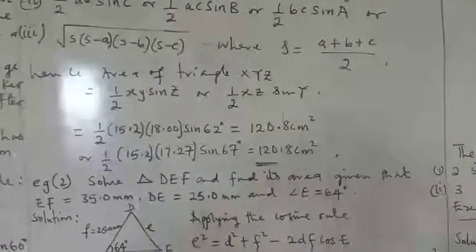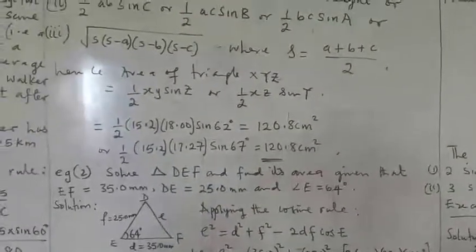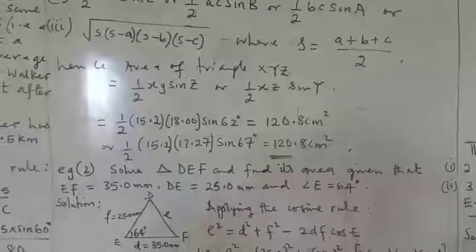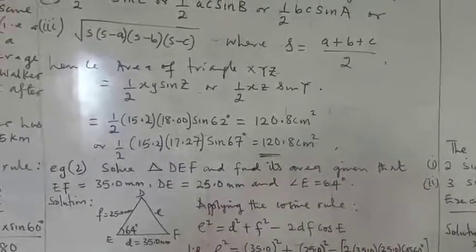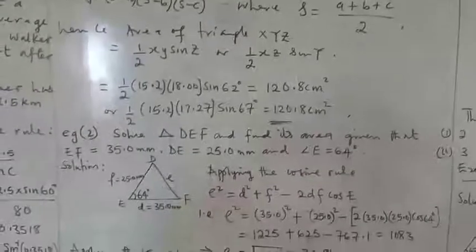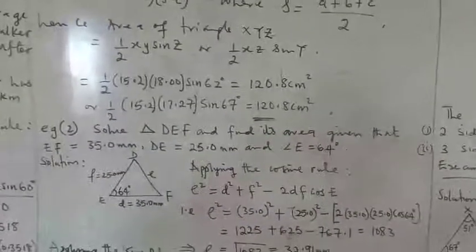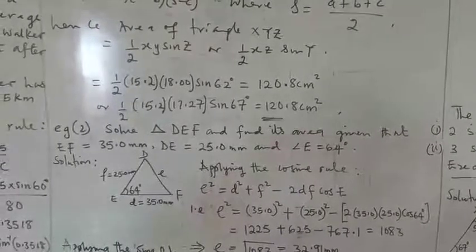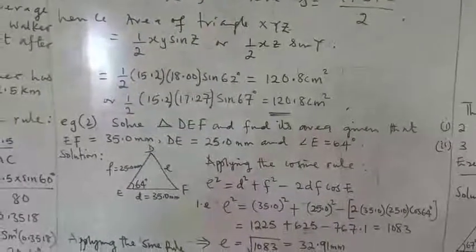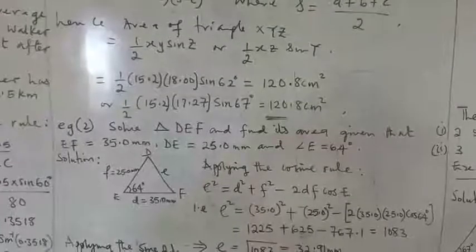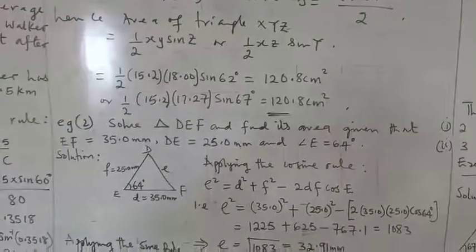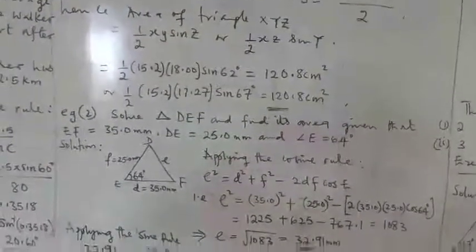The area of triangle XYZ is given as half xy sine Z, or half xz sine Y, and that gives half into 15.2 times 18 times sine 62, which is 120.8. You can also use half times 15.2 times 17.27 times sine 67, which is the same thing, 120.8 centimeters squared.